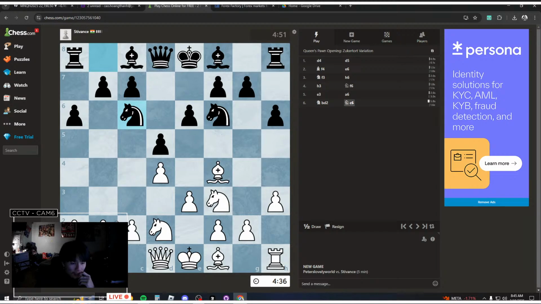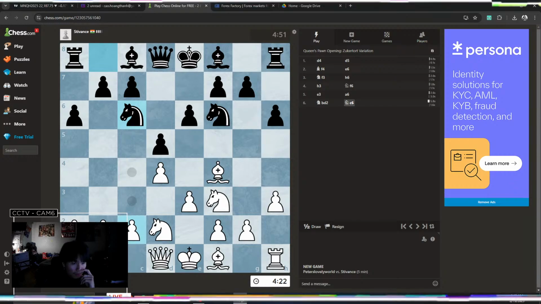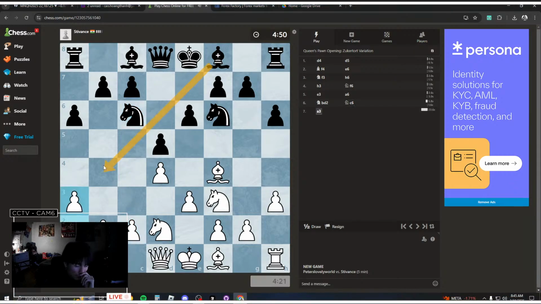Can I attack the center? I kind of want to prevent this from happening, so I'm going to go there, and then I'm going to attack. Okay, trade this.